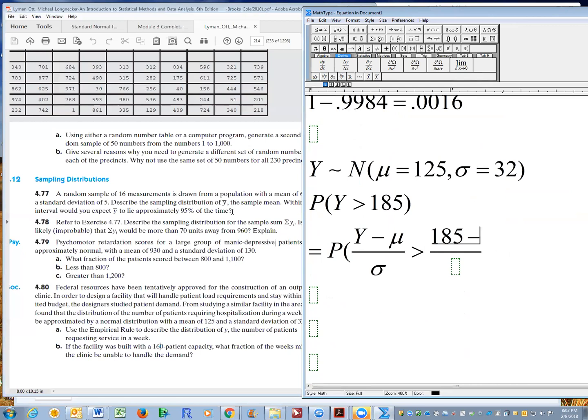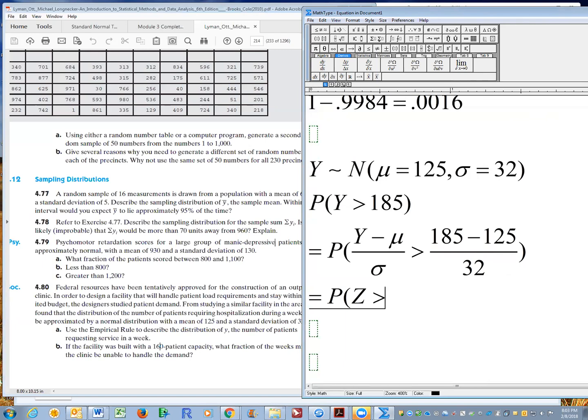So 185 minus 125 over 32. Was that the standard deviation you had? Yes, sir. So this would be the probability that Z exceeds whatever that number is.